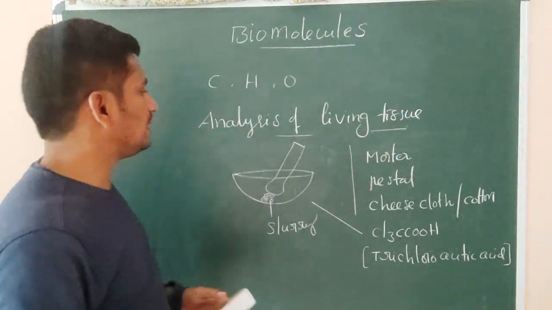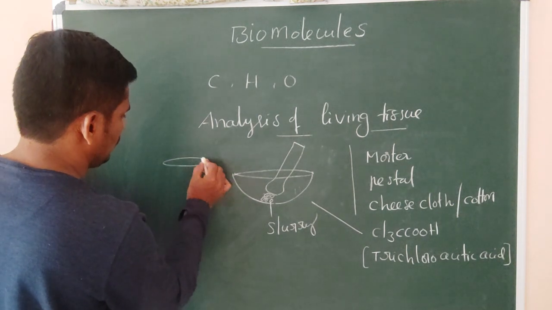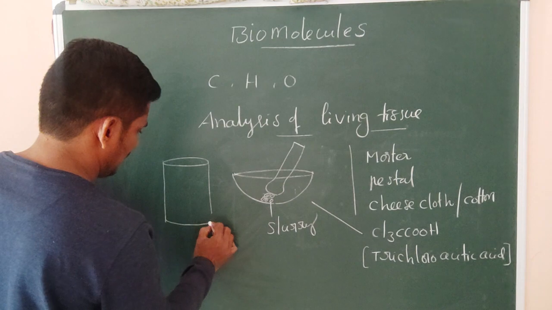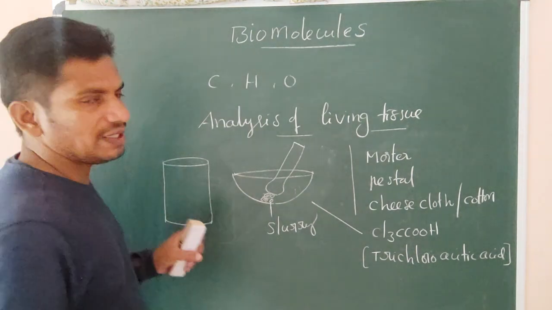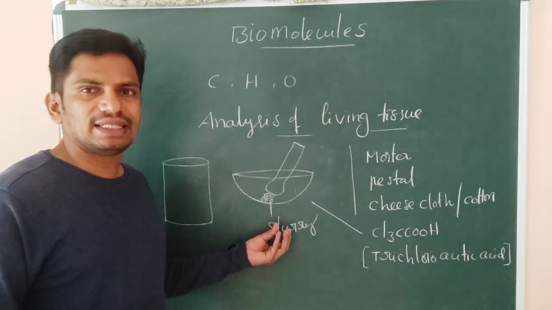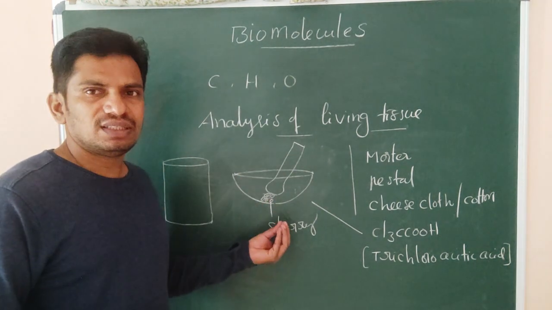That one should be filtered. Now we have to take a beaker. This is a beaker. In this beaker we collect what we obtain after grinding the material, whether plant or animal, like liver.